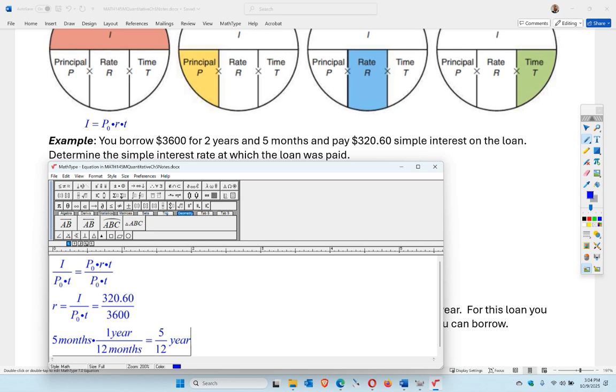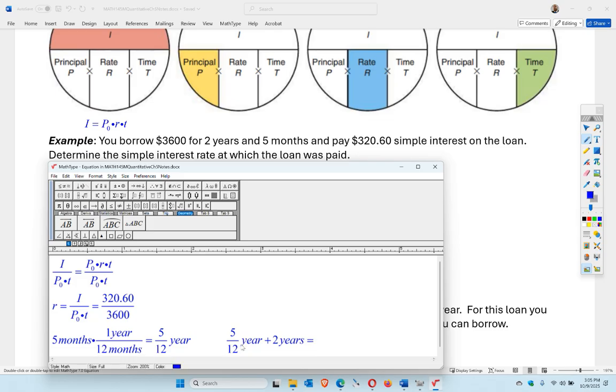Well, here's the problem though. It's not 5 months, it's 2 years and 5 months. So I'm going to go over to here, plus 2 years. I need to combine this into one. I don't really want a mixed numeral because I can't put 2 and 5/12 into a spreadsheet.